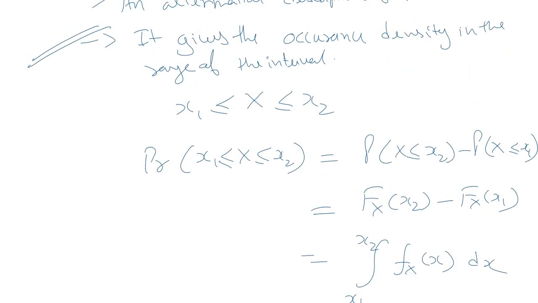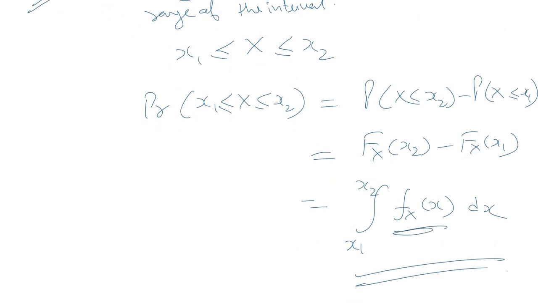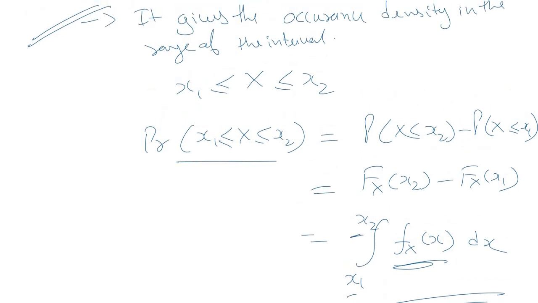So we can clearly see that if you take the integral of the PDF in a particular range, it gives you the probability of occurrence. This is the reason it is used to find the occurrence density in a range of interval. Okay, we'll look at some other examples based on this concept, that will give you a better picture of the concept.